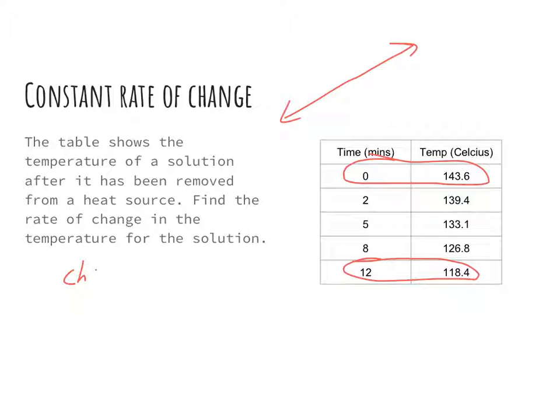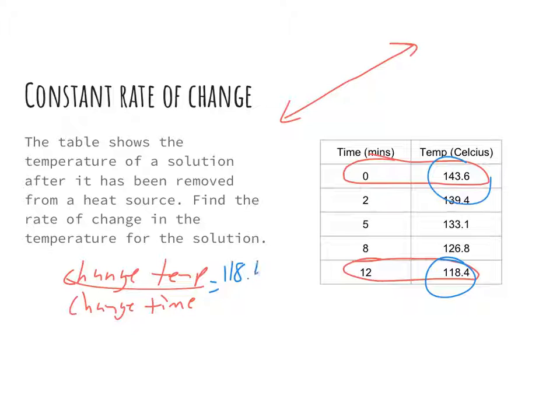We're going to do change in temp over change in time. Okay, so our change in temp, we've got 118.4, and we're going to subtract from that 143.6. For our change in time, we go the same way, 12 minus 0.